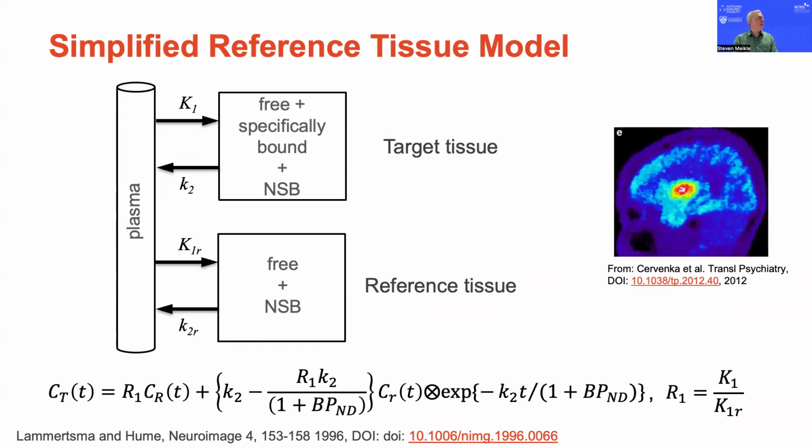Okay, now we're going to go back to the tutorial in just a moment. We're actually going to do one more simplification, or really two more simplifications of that model. This is called the simplified reference tissue model, which is a very common model that's used for reversible receptor binding ligands in PET.